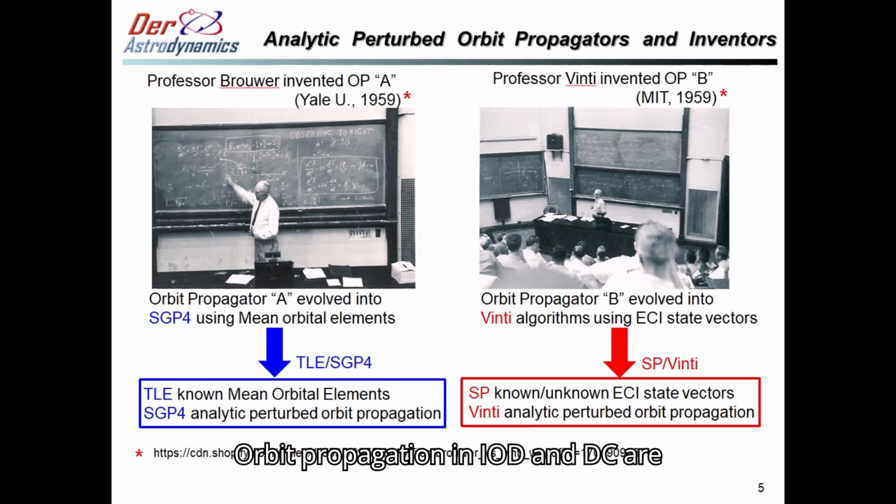Orbit propagation in IOD and DC are using ECI state vectors, and therefore the combination of SP Windty can process both known and unknown objects for catalog maintenance and catalog building.